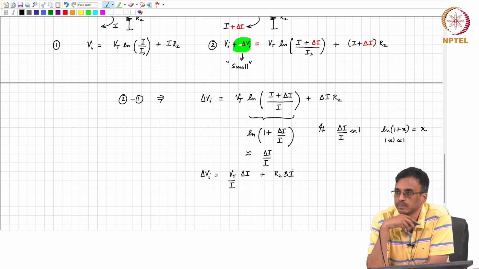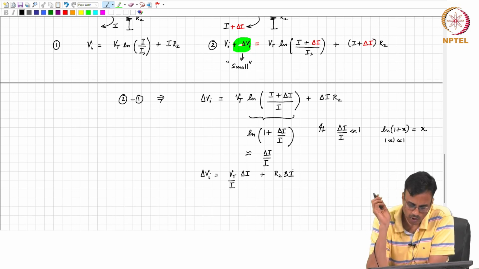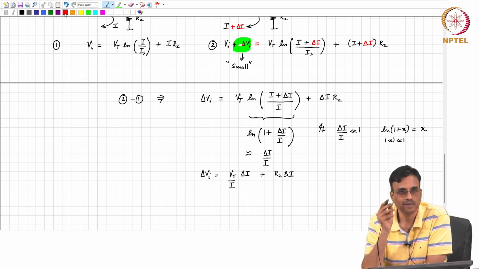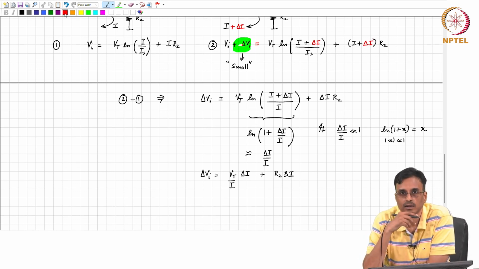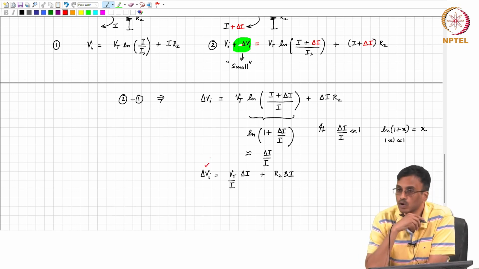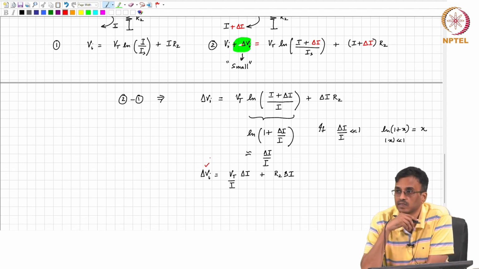Fair enough? Okay. So, now tell me what is known and what is unknown. Let us start from the left hand side. Delta Vi is known. Is Vt known?